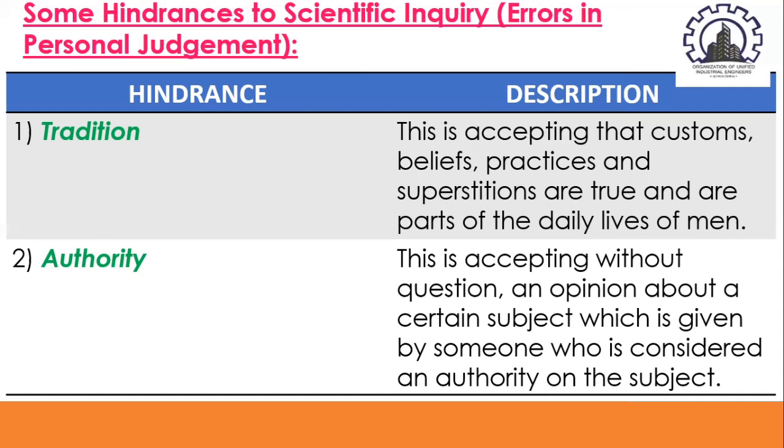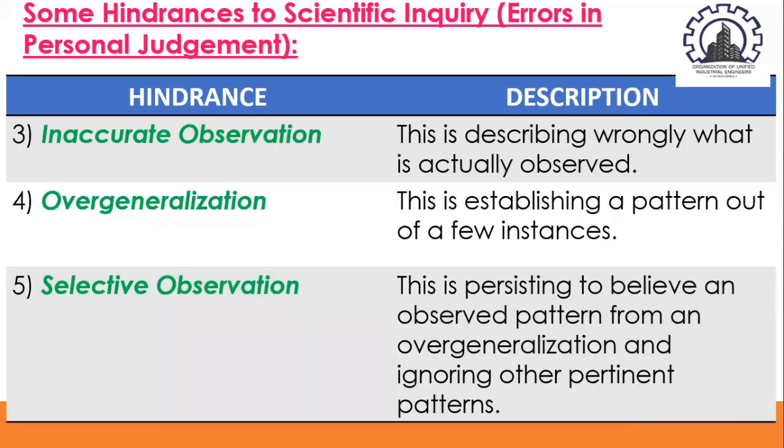And another hindrance to scientific investigation, we call inaccurate observation. This is describing wrongly what is actually observed. For example, in the dead of a moonlight night, a man sees a shadow in the form of a person, and the man concludes at once, without any investigation, that he has seen a ghost.